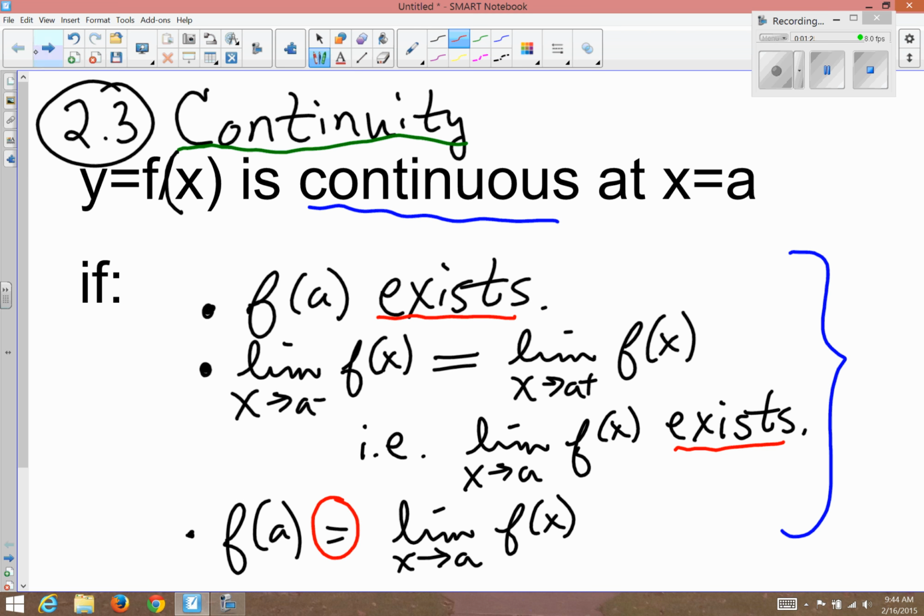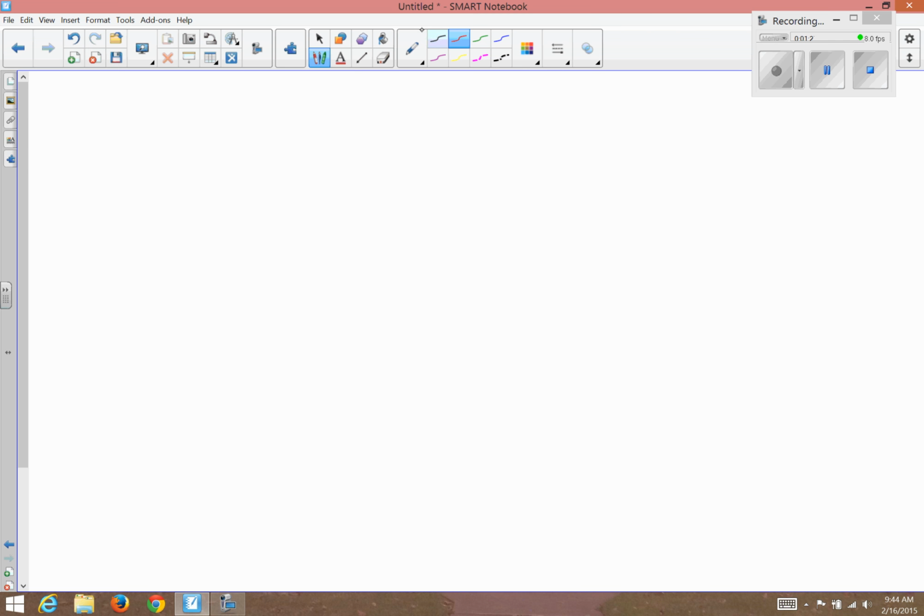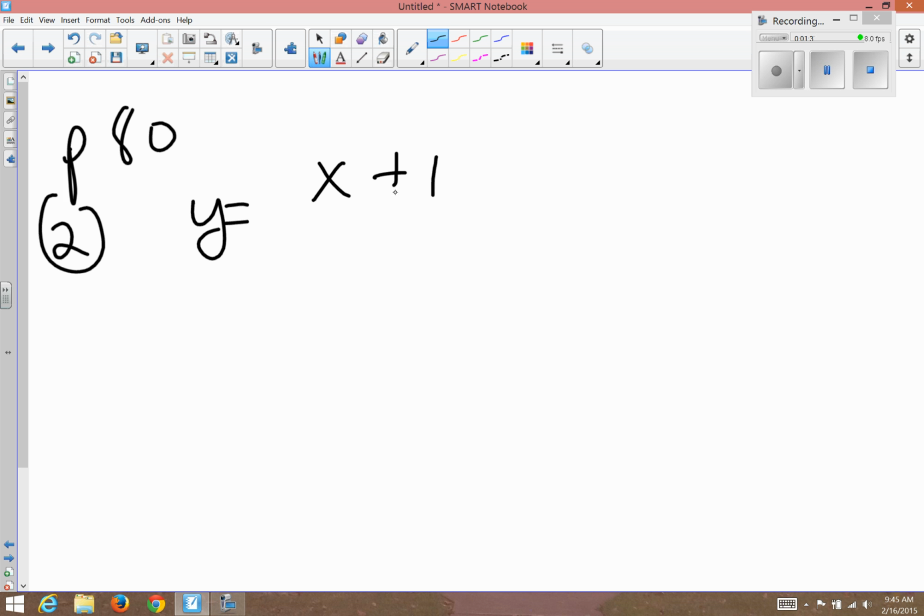On page 80, exercise 2, y equals x plus 1 over x squared minus 4x plus 3. The directions here are to find the points of discontinuity.